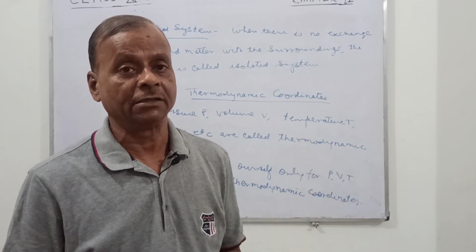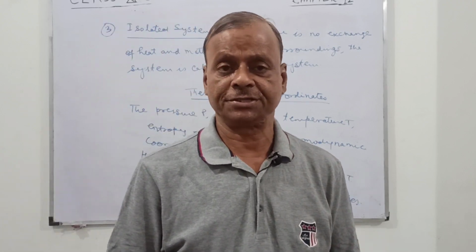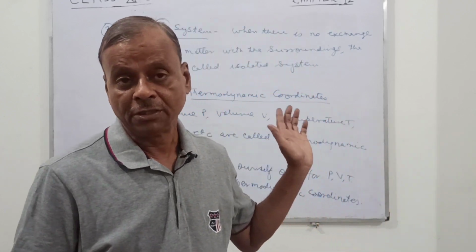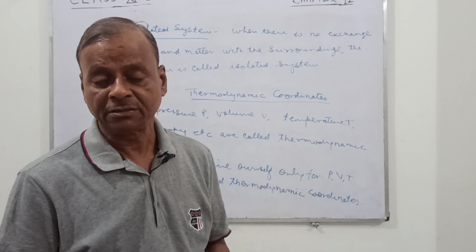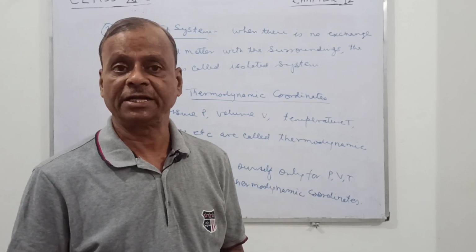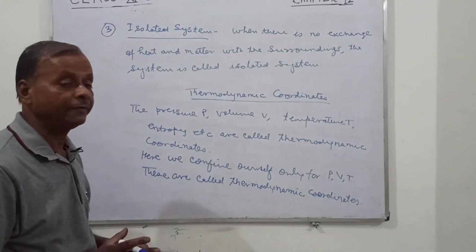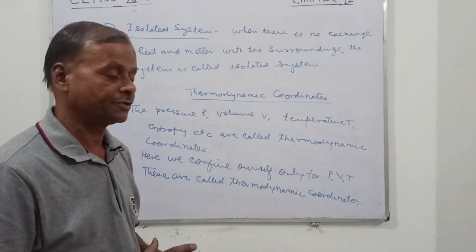So similarly here, in the thermodynamic system, the parameters pressure, volume and temperature describe the equation of state of the system. So now I will tell you the equation of state of the system.